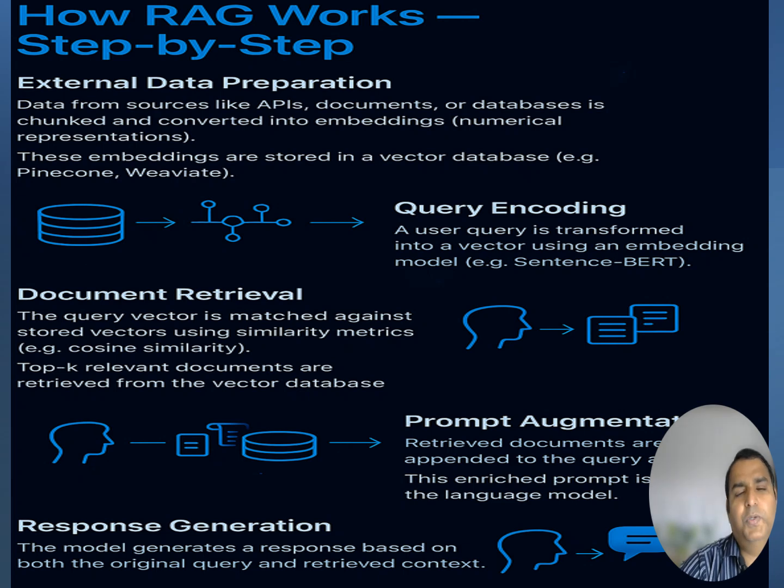If you want to go into detail on how RAG works step by step, primarily 5 steps are involved. The first step is external data preparation. Here the data from sources like APIs, documents, and websites is collected, and then this data is chunked into manageable pieces.